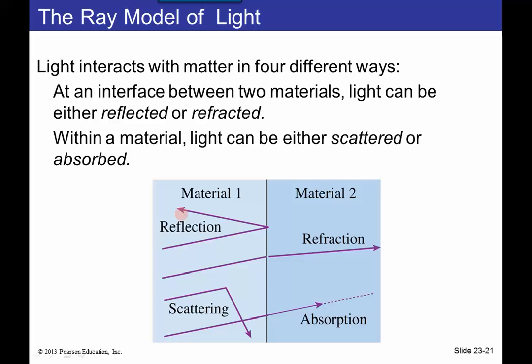Another thing that could happen is that it gets refracted. That means it gets transmitted and the direction changes. One thing that could happen is that while traveling in material one, it gets scattered. It changes directions suddenly. And another thing that could happen is that while traveling in the material, it gets absorbed. It just disappears. So those are the four things that could happen to light.